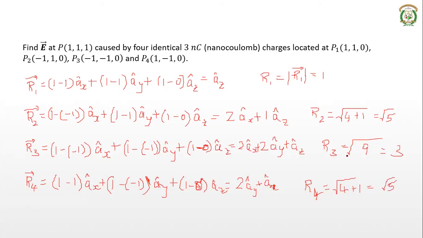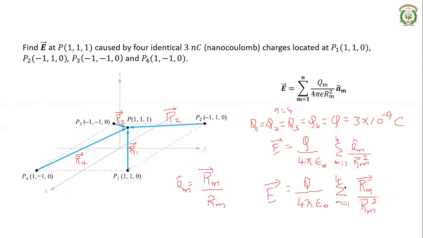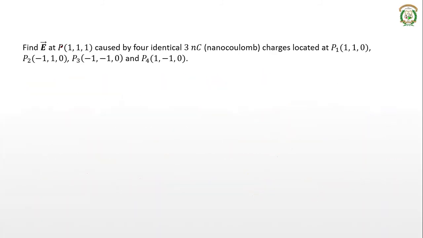Now you have to use these things in this equation to get the total electric field intensity. So first we will expand this particular summation and see what we get. To expand that, E will be equal to Q divided by 4 pi epsilon naught into the summation of Rm divided by the magnitude of Rm cube, right?